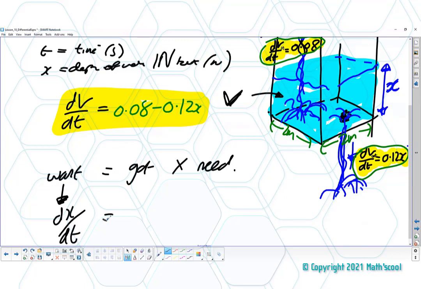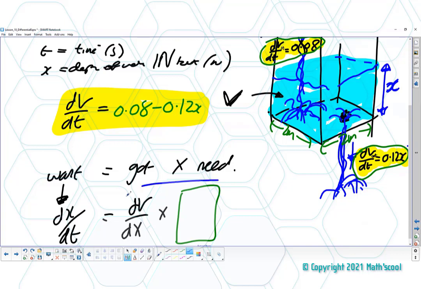Remind me again what we want, Sana? And what have we got at the moment? Okay, so we're going to need to adjust that by multiplying it by something. What should we multiply it by, Matthew? You want to end up with dx on the top. dx by dV.